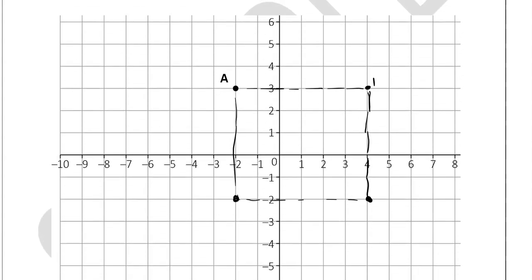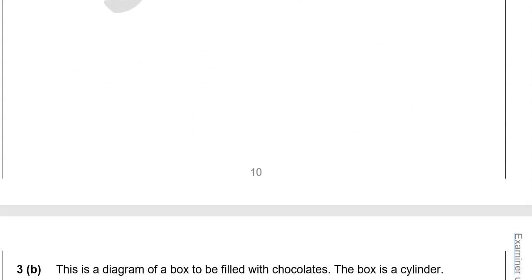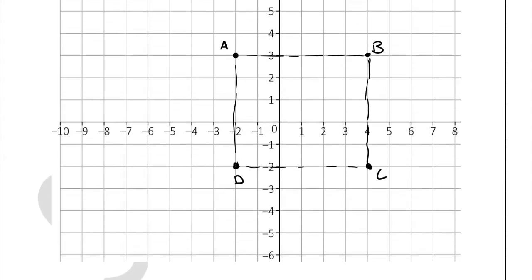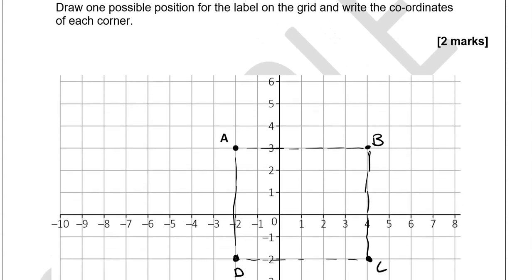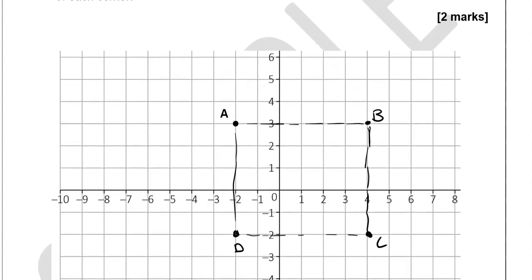Let's just label them. So B, C and D. And we'll need to write the coordinates on the grid as the question asked. So for point A, starting with the x coordinate, that is -2, and going to y, that is 3.